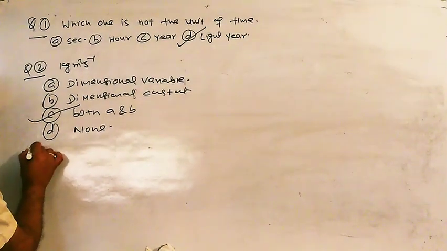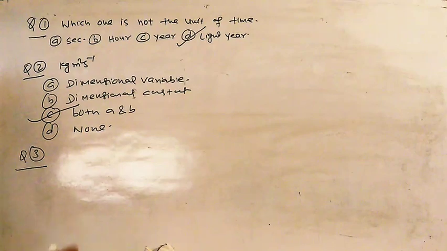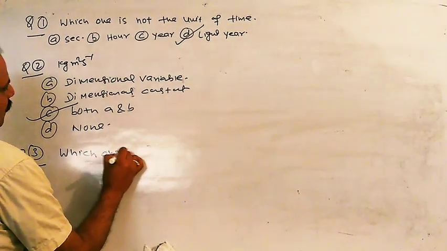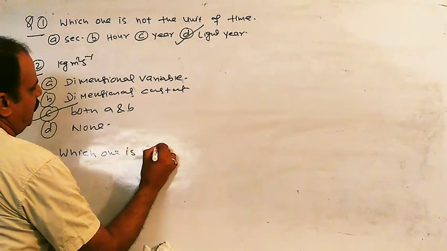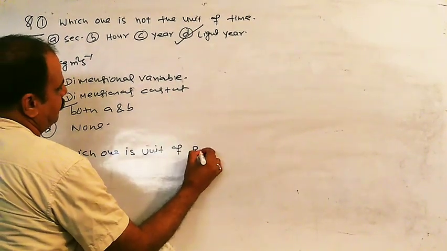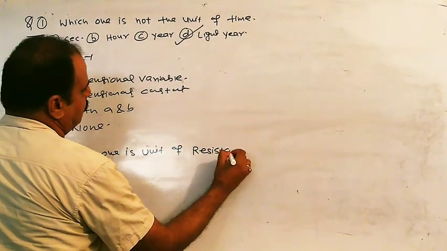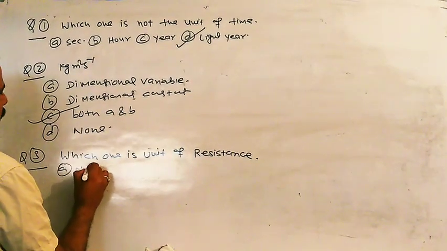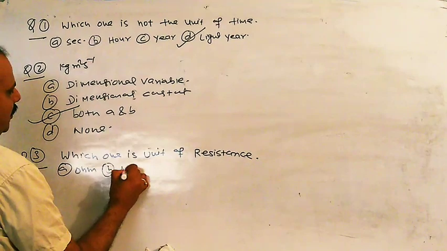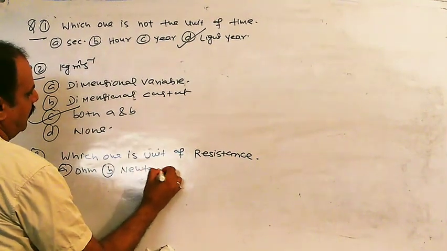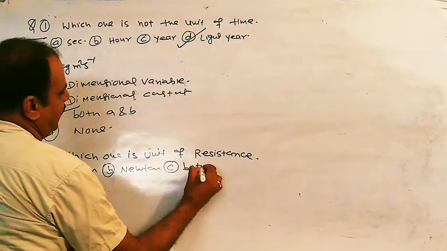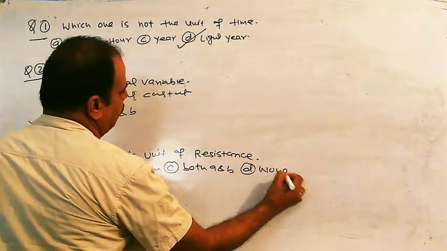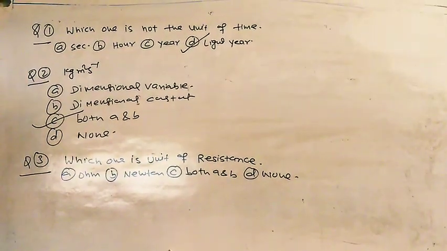One more question. Which one is unit of resistance? Number A ohm, number B Newton, number C both A and B, number D none. कौन सा होगा?